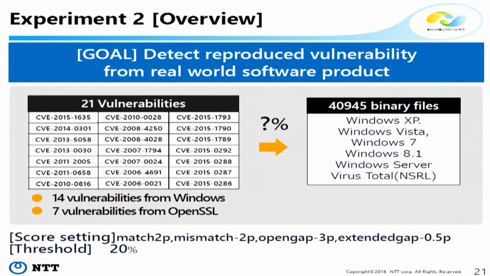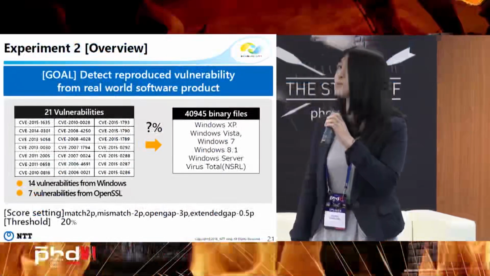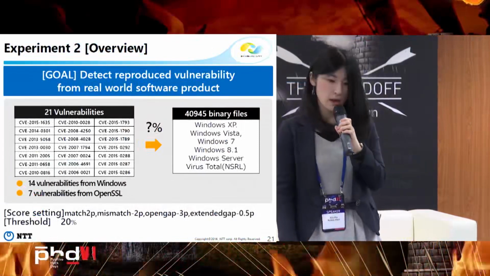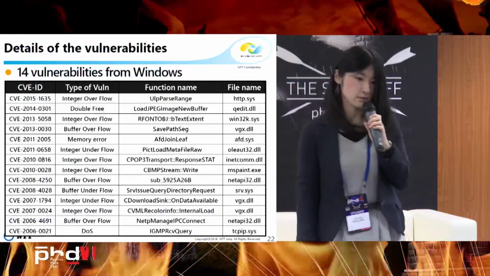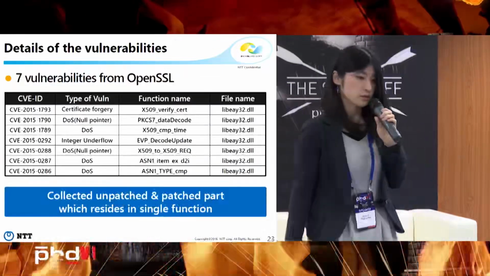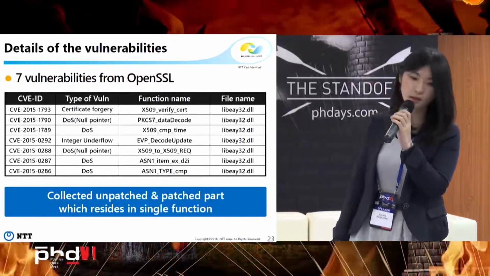I collected 21 vulnerabilities, 14 from Windows OS and 7 from OpenSSL, and calculated similarity with 1,000 binary files. This is a detail of the 14 vulnerabilities from Windows, and this is a detail for the 7 vulnerabilities from OpenSSL.